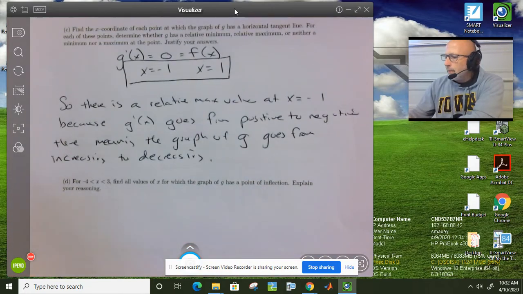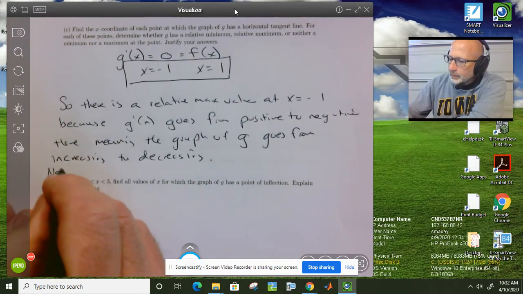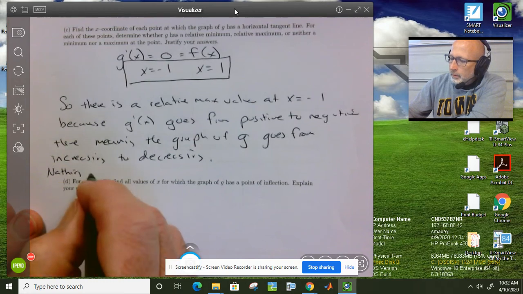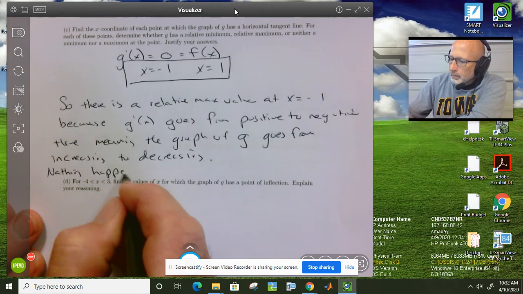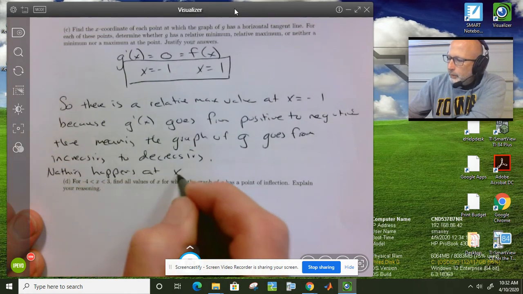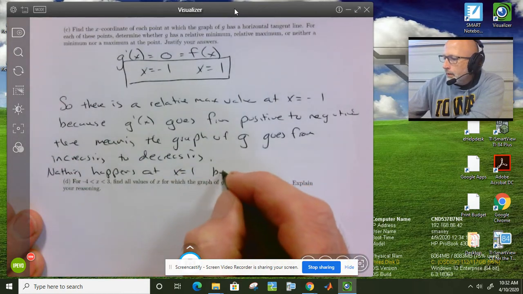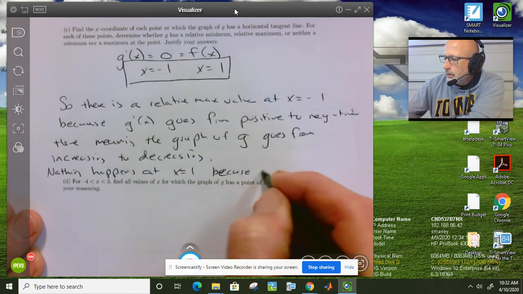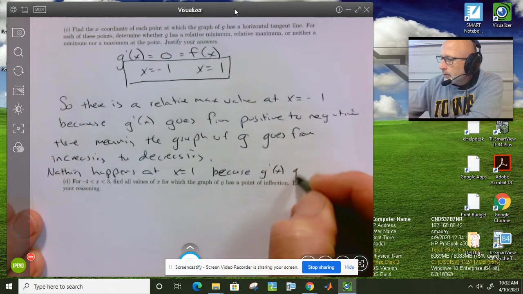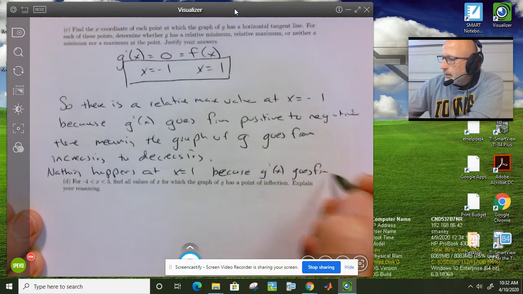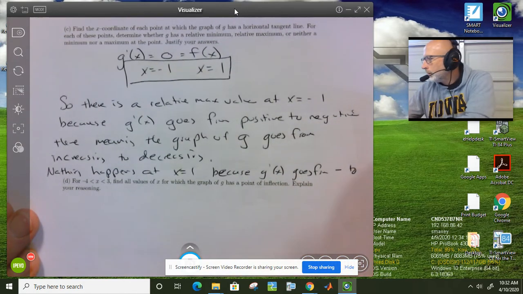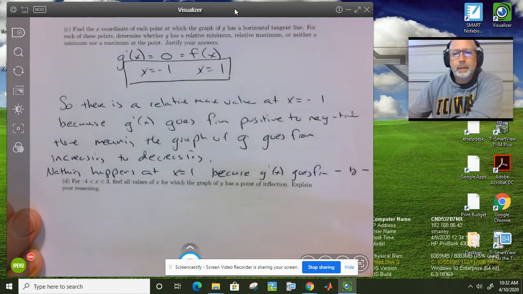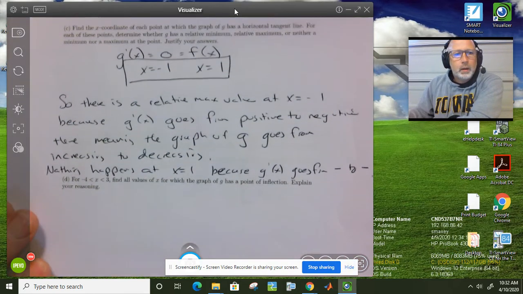Okay, nothing happens at x is equal to 1 because G prime of x goes from negative to negative. Okay, tells us nothing.